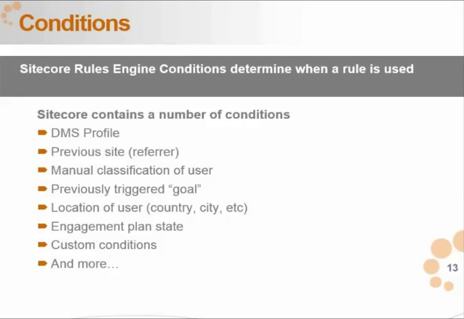And then when a user navigates around your site, Sitecore DMS will try to build the aggregate score for each profile key. Once the score reaches the score that we define in the rule, we put that user in that specific profile.